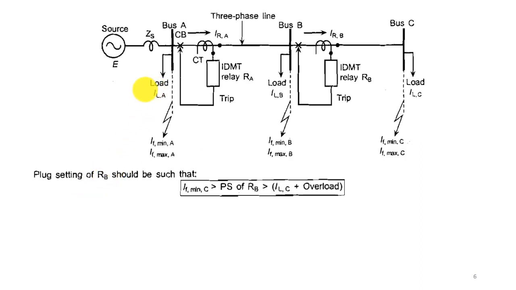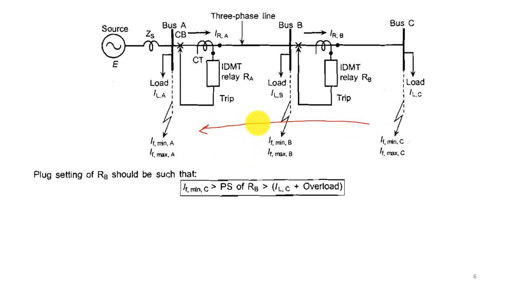So if this kind of feeder is given, first we need to find the plug setting of the tail end relay, then we'll go gradually from this side towards the source. So first we'll start with the tail end relay setting, then we'll gradually move towards the source.